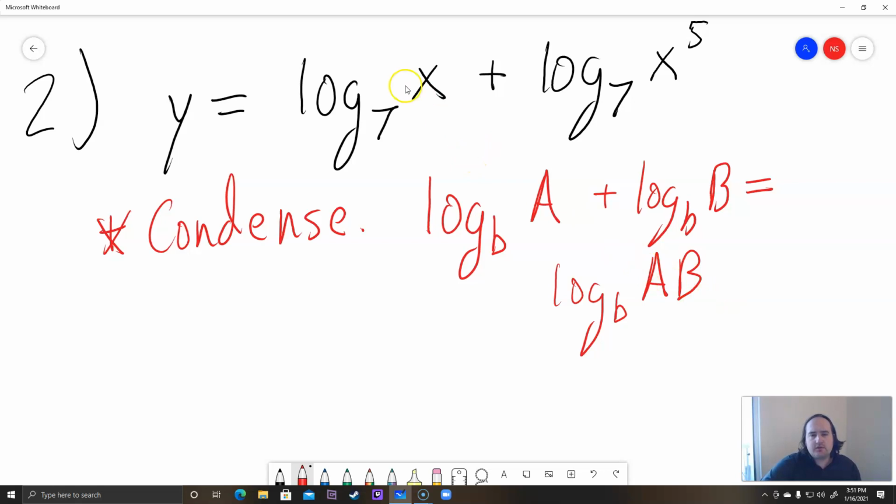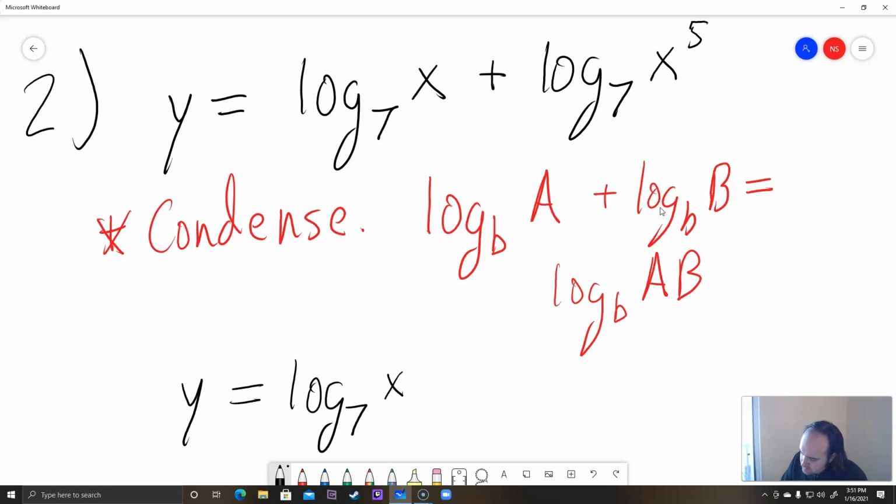Okay, so to condense here, since we're adding on the outside, we're going to be multiplying on the inside. So what we're going to get here is y equals log base 7 of x times x to the 5. And remember, when you're multiplying exponentials with the same base, you add the exponents. If they don't write the exponent, it's automatically 1.